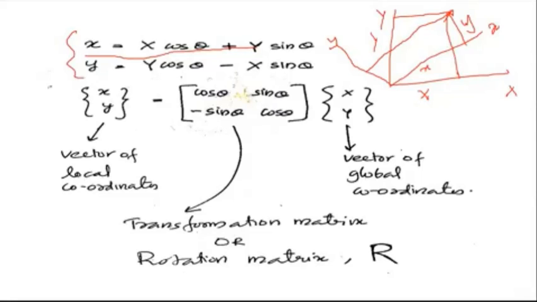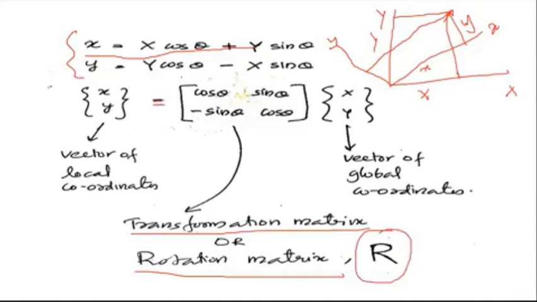And this matrix is the transformation of global coordinates into local coordinates. So x y is equal to cos theta, sin theta, minus sin theta, cos theta, times capital X, capital Y. This matrix is called the transformation matrix or rotation matrix, which is denoted by the letter R. That is for point coordinates alone, so we'll discuss later on.